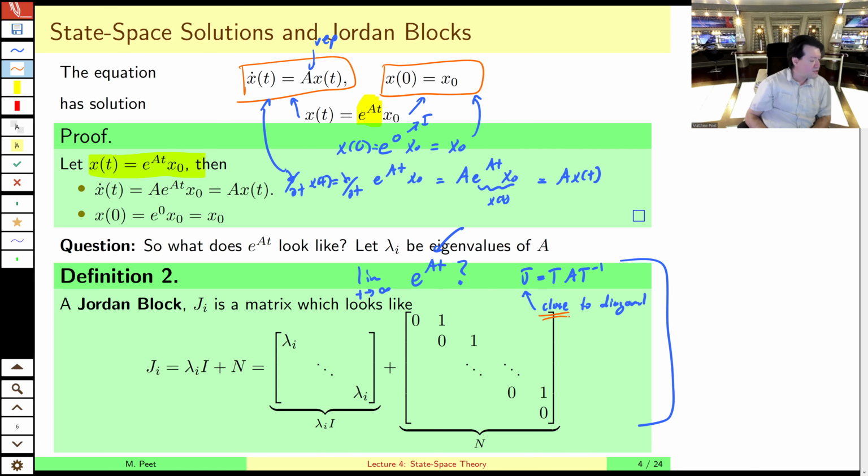Basically, diagonal in the sense of a Jordan block. Specifically, a Jordan block has the form of a diagonal matrix, and then a single off-diagonal term where it's as close to being 0 as you can hope to get.